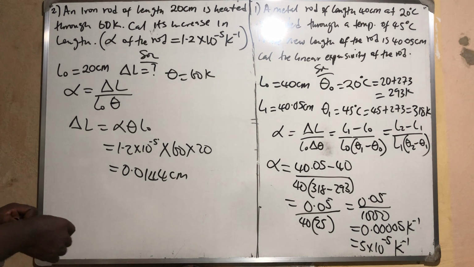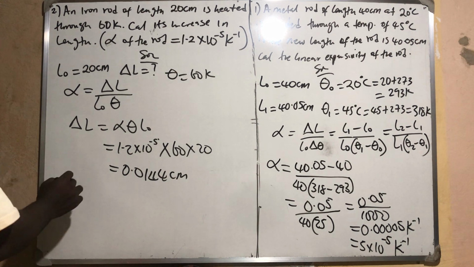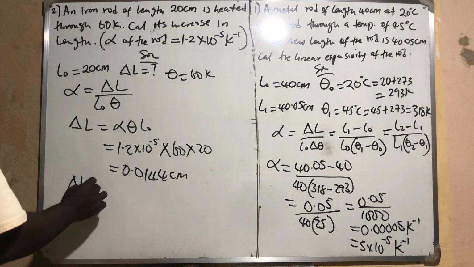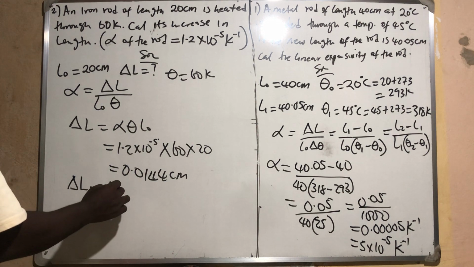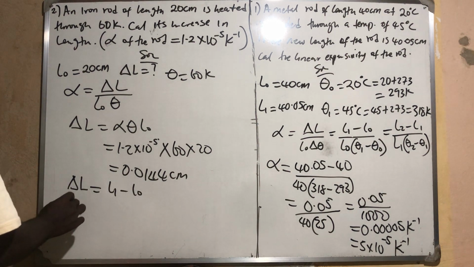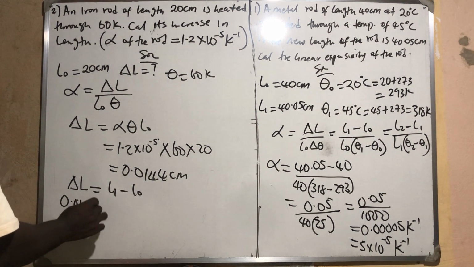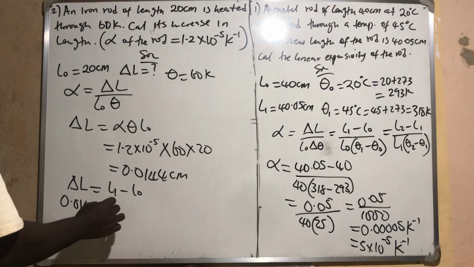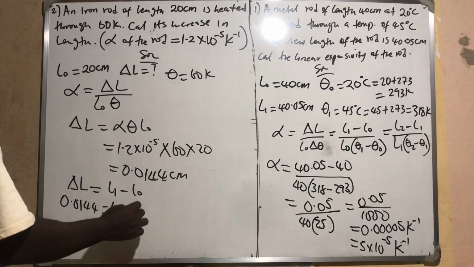But if they are asking you the new length, you tell them that increase in length is equal to L1 minus L0. So this one they've given me, 0.0144 is equal to my L1, which I'm looking for, minus 20.